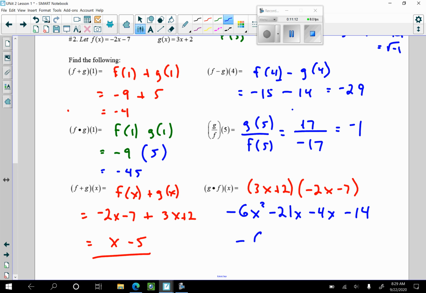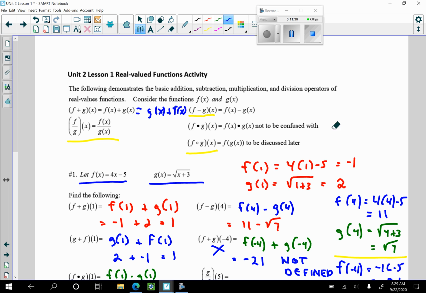And simplified, that's going to be negative 6x squared minus 25x, sorry, minus 14. I believe that is correct. And I think, if I am not mistaken, that is it on that.